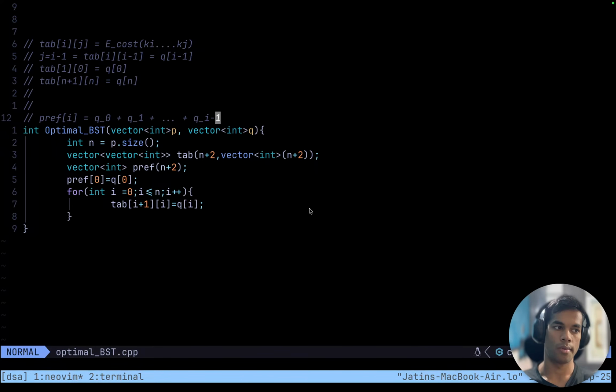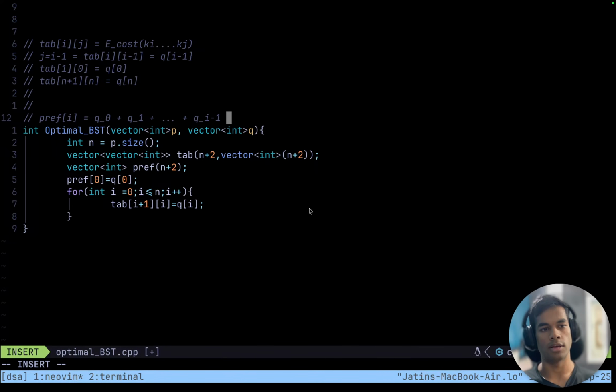No. The prefix function would not work here. It can work if I modify it a little bit.